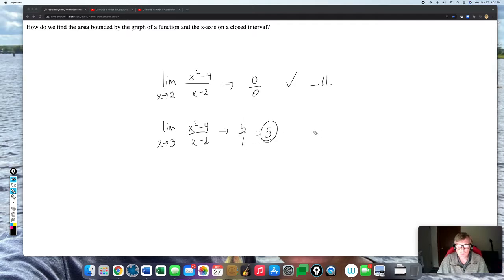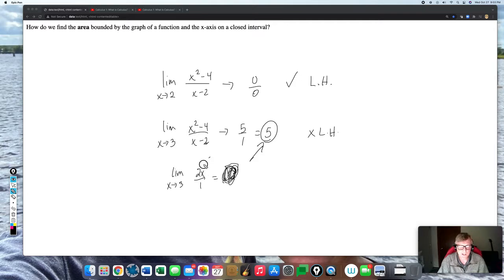In fact, if you did L'Hopital's rule, you'd get the wrong answer: on top you'd get 2x, on the bottom you'd get 1, and you would think that that would be 6. No bueno, it is not 6, it is actually 5.